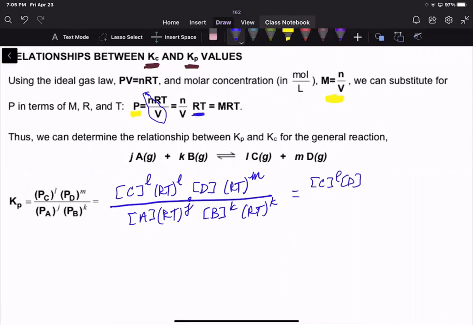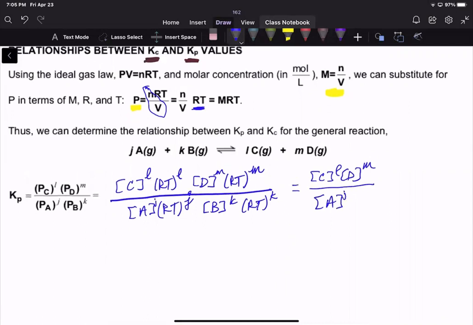Oh, I forgot my D to the M. To the J. Then I have RT to the L plus M and RT to the J plus K. So there's my Kc value right there.